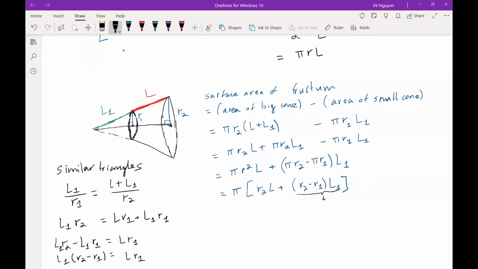This one can use the substitution from the similar triangles.